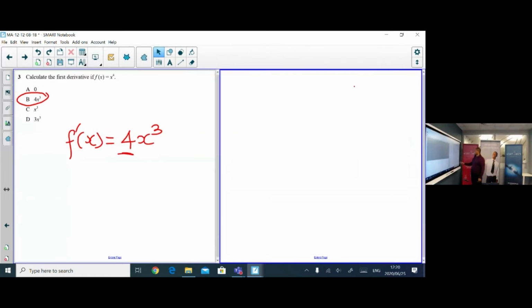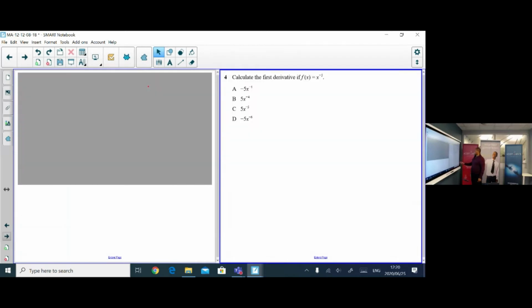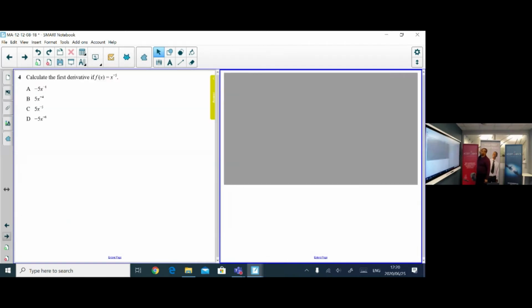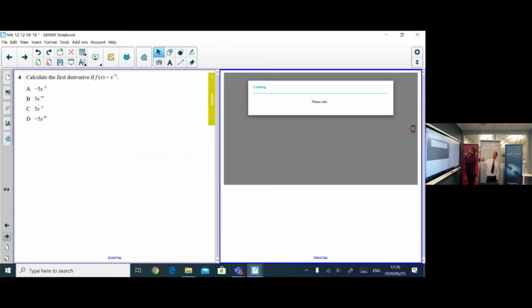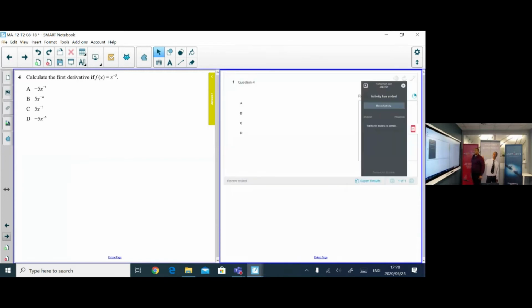Let's proceed as well to check what would be the first derivative of this scenario. So check, and you are not perturbed by the negative exponent. The same rules apply.